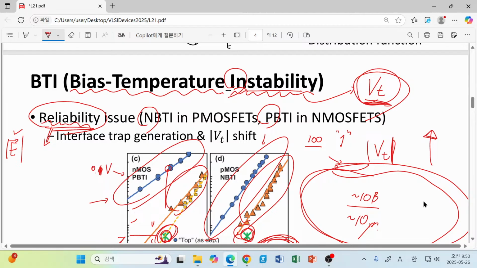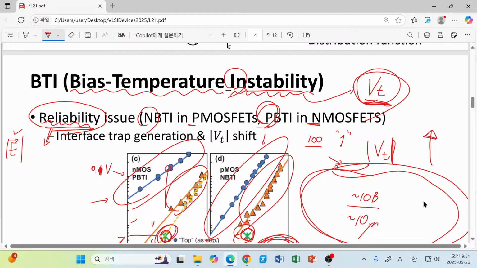NBTI means that our applied bias is negative, and PBTI means that it is positive. So simply speaking, in the case of NMOSFET, we call it PBTI, and in the case of PMOSFET, NBTI is important. And an important point is, it is always related to the specific technology. For example, when you read Professor Tower's second edition, the book says that only NBTI is important.